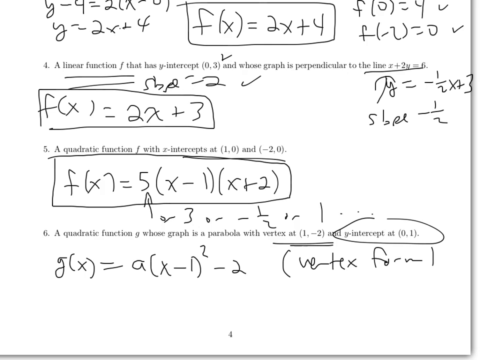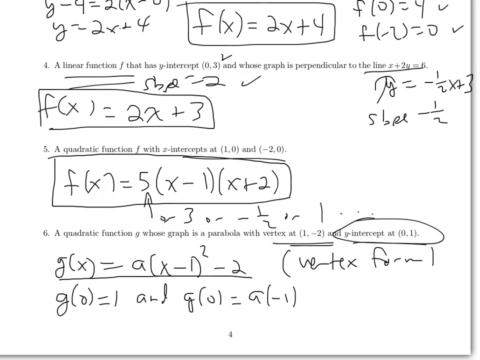In this case, I'm told the y-intercept is 0, 1, and so that means that I'm told that g of 0 should equal 1. That's what that fact means. Because of the form that I know g of x has to take, I know that g of 0 is a times negative 1 squared minus 2.